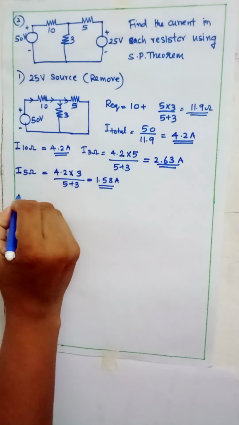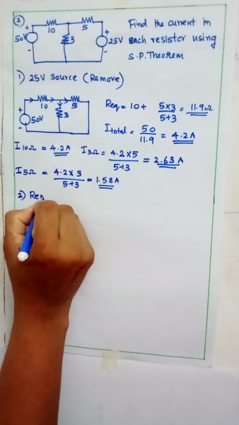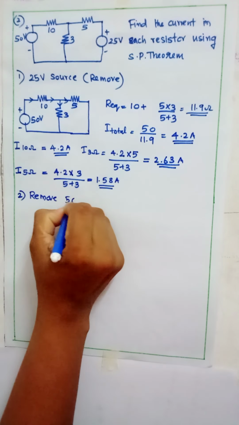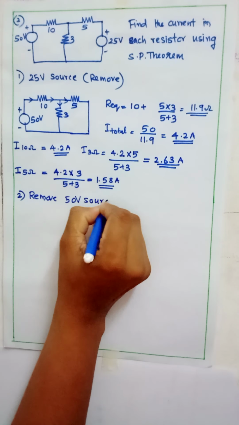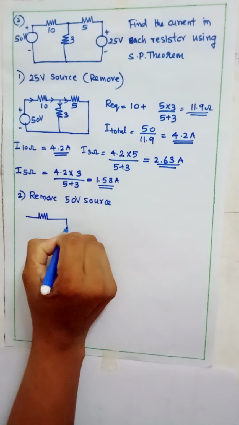The next step is remove 50 volt source. Remove 50 volt source, so the circuit will be like this.